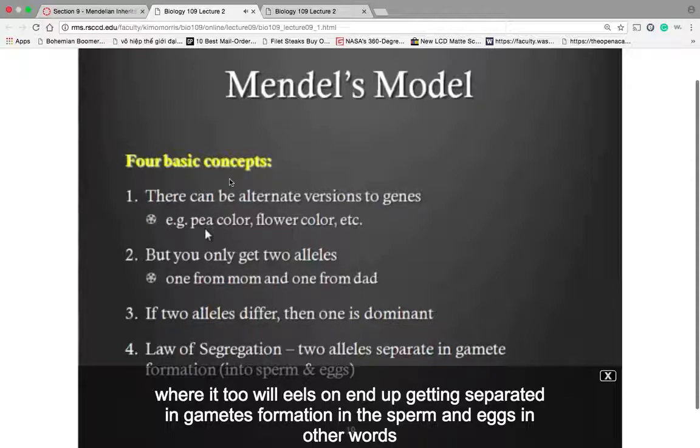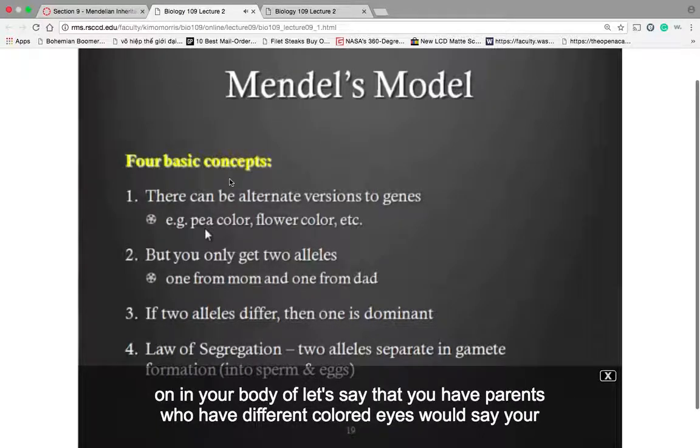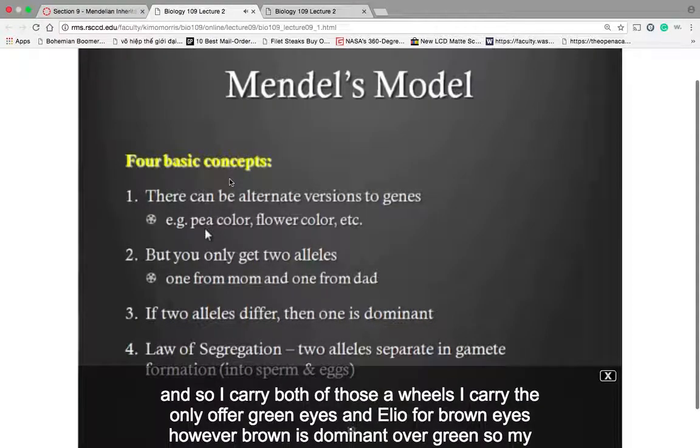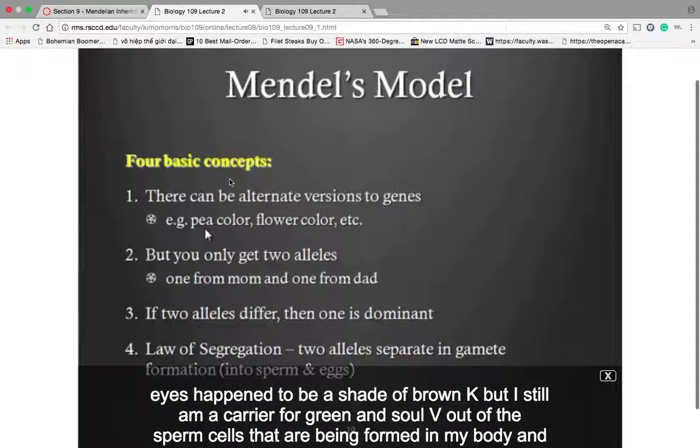In other words, let's say that you have parents who have different colored eyes. Let's say your mom has brown eyes and your father has green eyes, like my parents actually. And so I carry both of those alleles. I carry the allele for green eyes and the allele for brown eyes. However, brown is dominant over green, so my eyes happen to be a shade of brown.